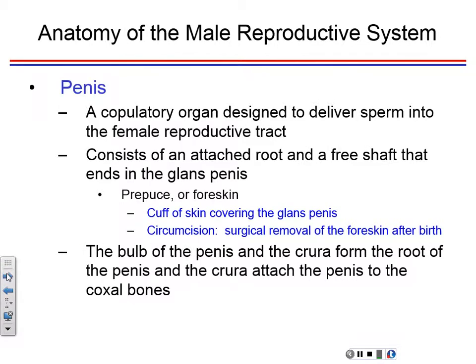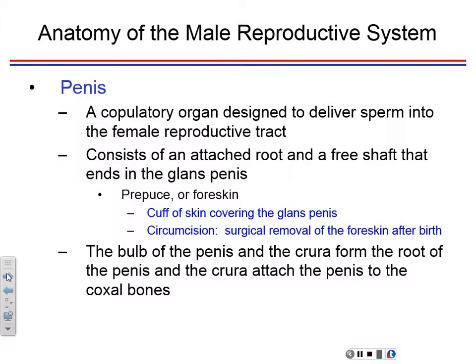All right, so the penis is another supportive organ with those three erectile tissue columns, all right? And it's got the head of the penis, the end of it is called the glans penis, all right? And the glans penis is covered by a cuff of skin, an extended skin that covers the head of it, called the prepuce, okay?